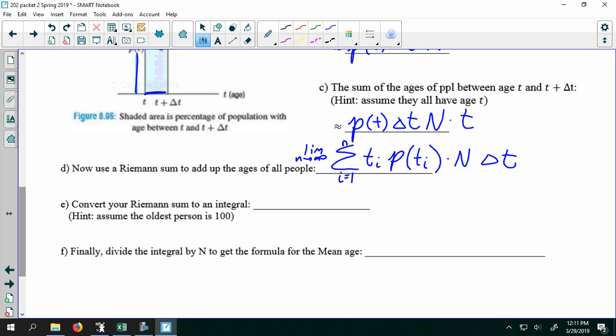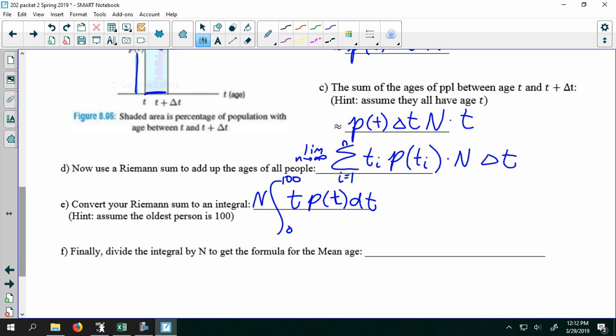All right, so to convert our Riemann sum to an integral, integrate. I'm going to pull the N out because it's a constant. And then I have t times p of t dt. And I'm integrating from 0 to 100.